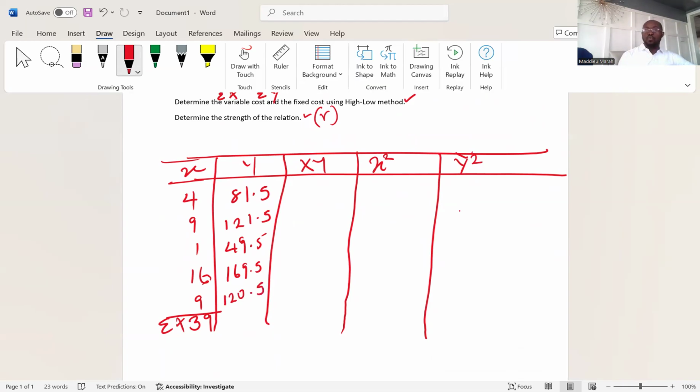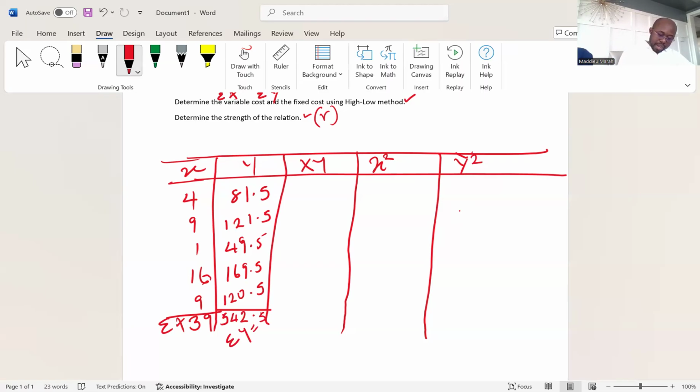These are my values for y. If I total these, 81.5 plus 121.5, 49.5, 169.5, 120.5, I get 542.5. This is my sum of y. Sum of y is equal to 542.5.